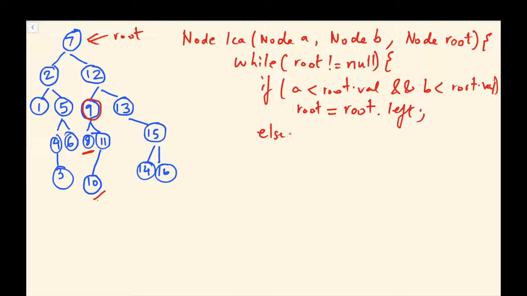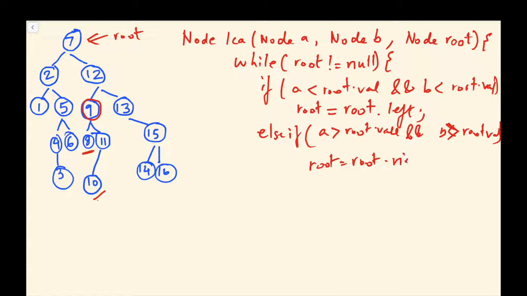Else if A is greater than root and B is also greater than root, then root is equal to root dot right. Okay, and else we know that one is less and one is greater, so at this point we will return the root.